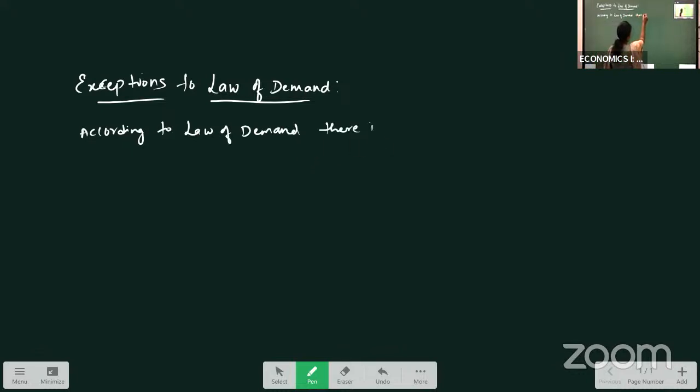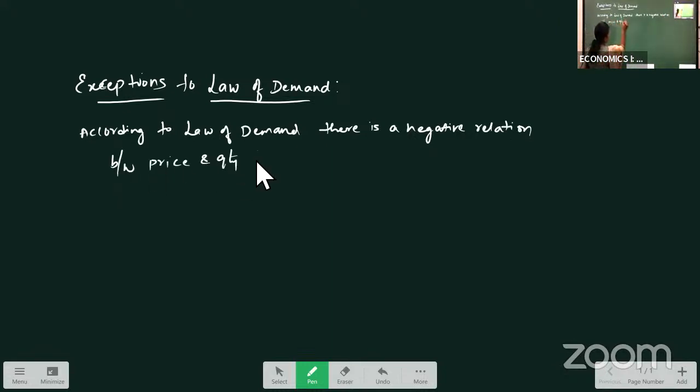What do you mean by negative relation here? When price increases, demand decreases, or when price decreases, demand increases. This is what we have studied in our law of demand.